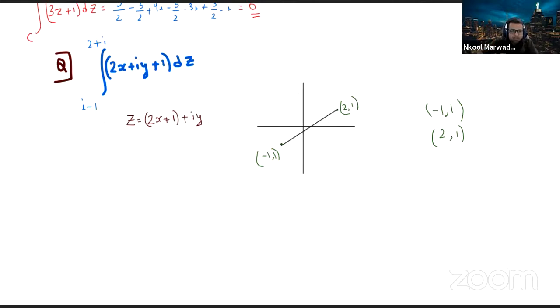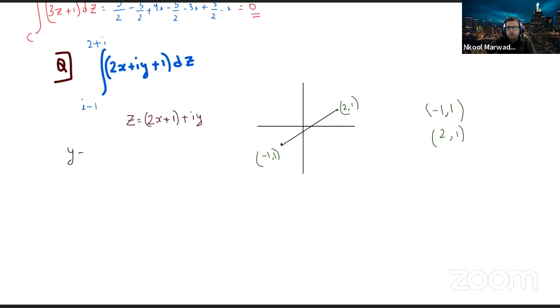And now we have to get the equation of this contour. Equation of straight line: there are so many ways to write the equation of a straight line. One of the ways which I am following is y minus y1.